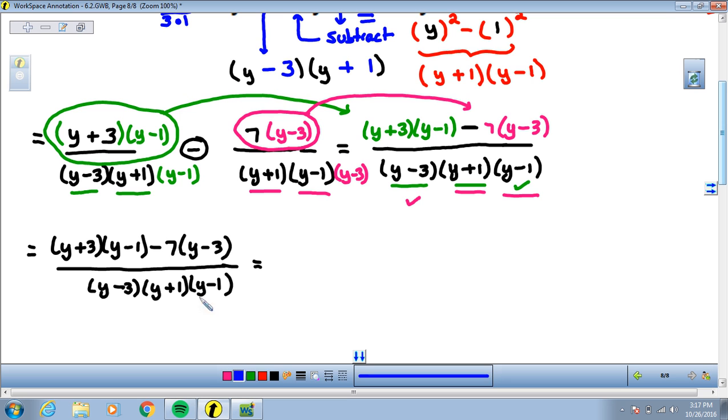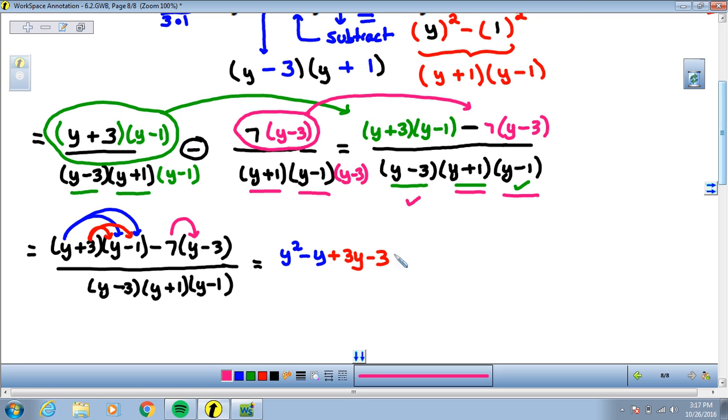So we're going to multiply y times y, which is y squared, y times negative 1, which is negative 1y, then 3 times y, which is a 3y, and 3 times negative 1, which is negative 3, and then we distribute the last parentheses.